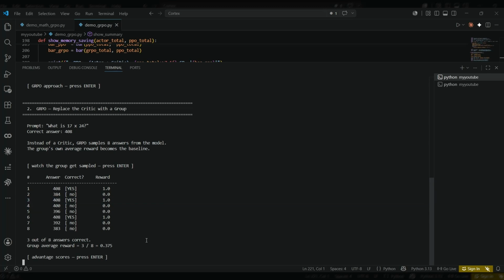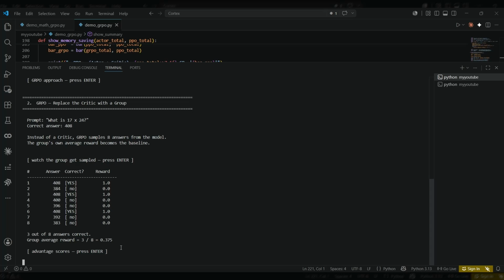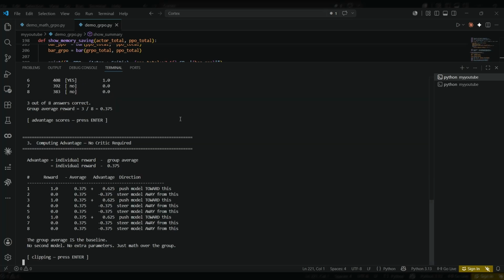So the total group average reward is 0.375. This is the baseline. So for the first one, which is correct, we move the model towards this direction, and for the ones which are incorrect, we move the model away from them. Over here you don't need a second model, just simple maths.